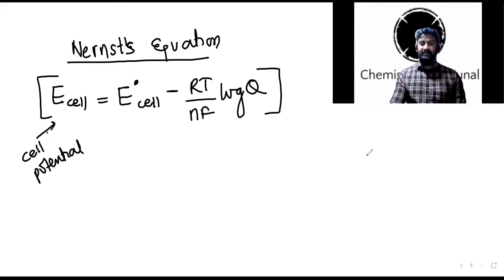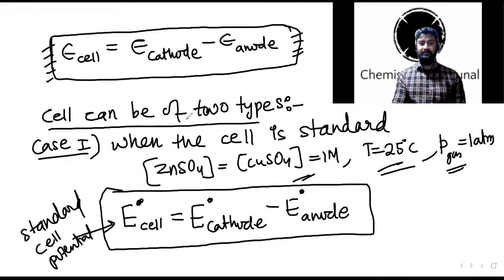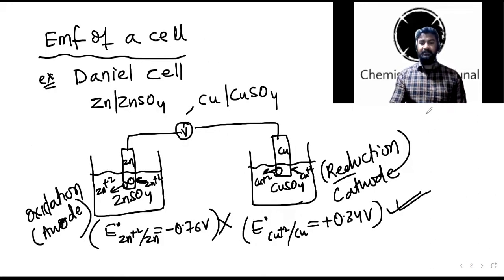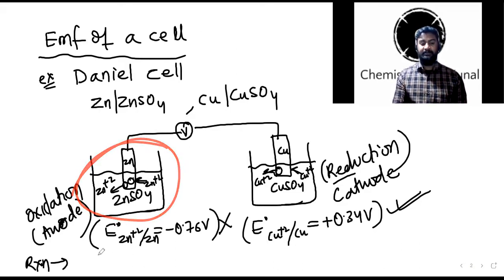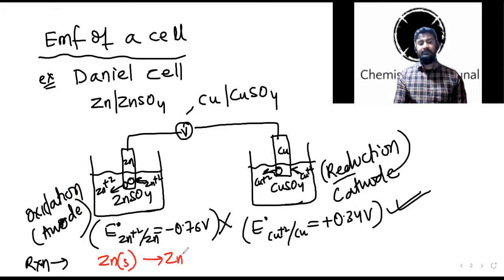So tell me, for this cell, what are the reactions that take place? The reaction that we'll write for this cell will be zinc solid becoming zinc 2 plus.